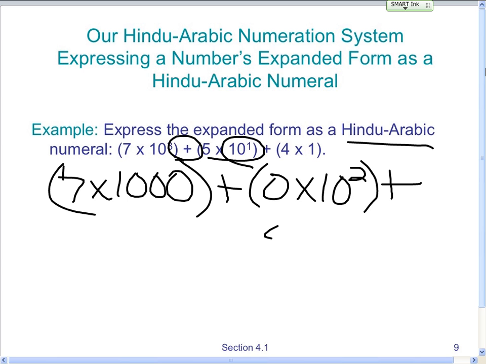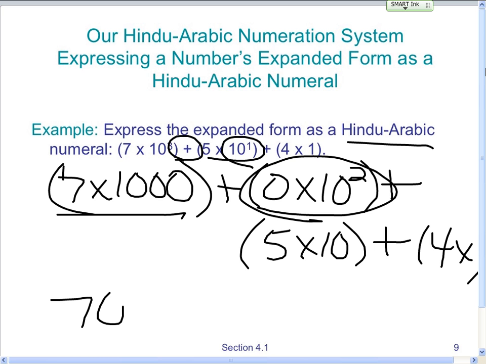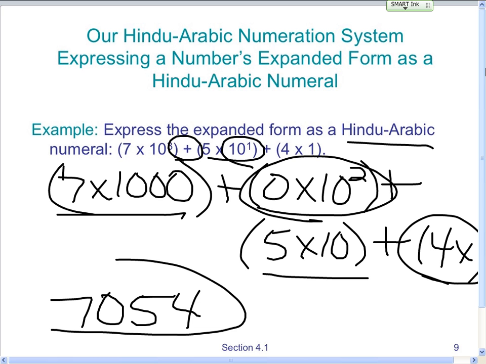Plus 5 times 10 plus 4 times 1. So now let's actually write that in regular form. We have 7,000, 0 hundreds, 54. Correct answer, 7,054.